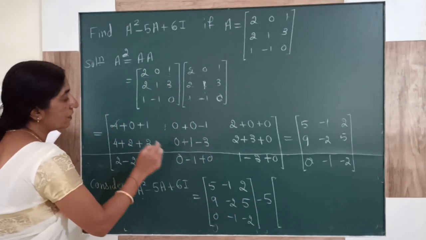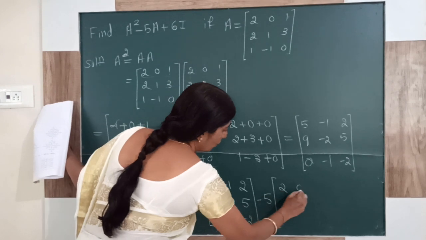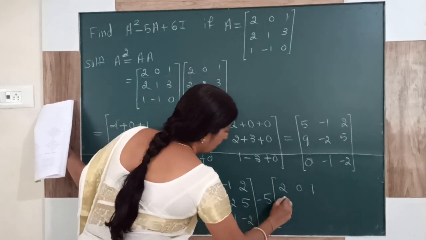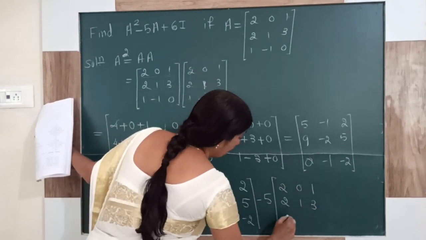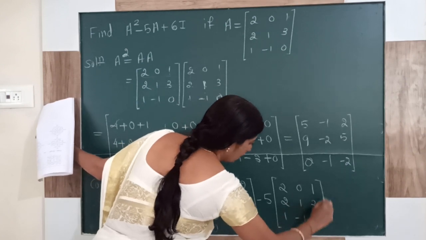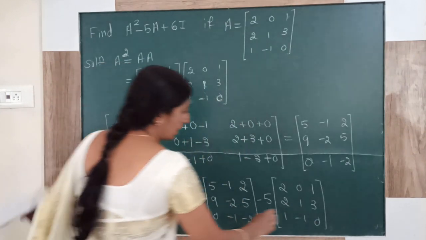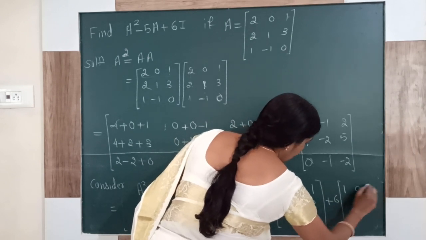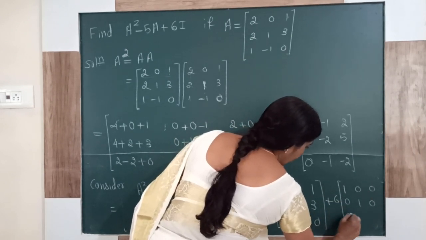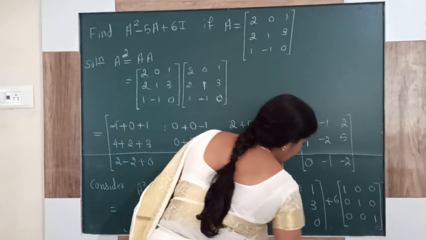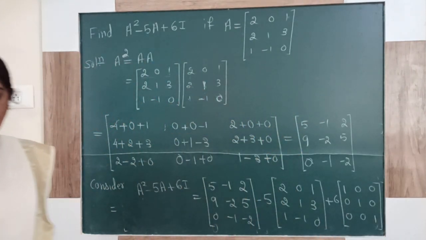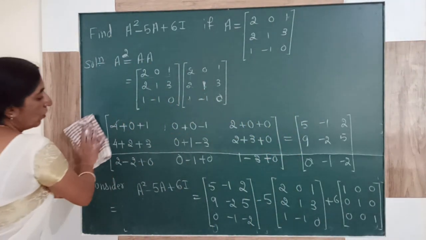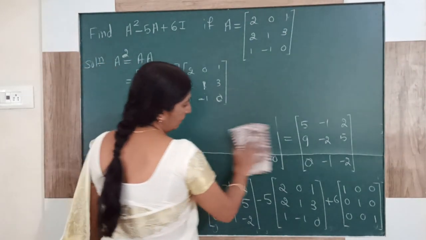We have to write matrix A: [2, 0, 1; 2, 1, 3; 1, -1, 0]. Then 6. Which matrix? Identity matrix. The identity matrix of order 3 will be like this, because in addition or subtraction, only if they are matrices of the same order can you add.